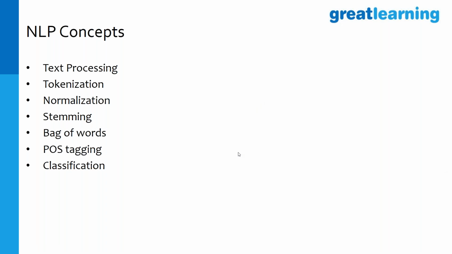Text processing. So what is meant by that? We're all very familiar with text because we use it every day to read and write. And NLP treats this text as raw data. The most important source of text is undoubtedly the internet.